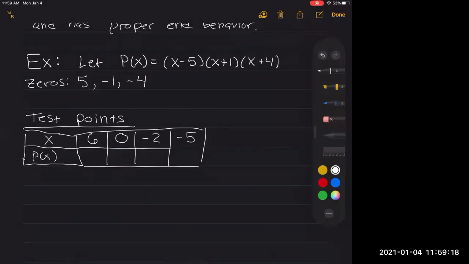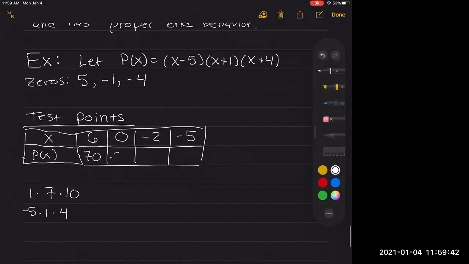All right, and if we were to plug 6 in, we'd get a 1. I'm just going to do some scratch work. So we'd get a 1 times 7 times 10, so that's 70. We plug in 0, we'll get a -5 times a 1 times a 4, so that gives us -20.